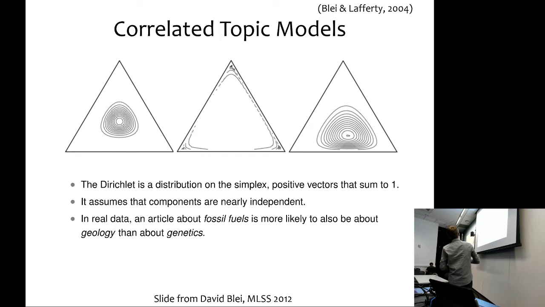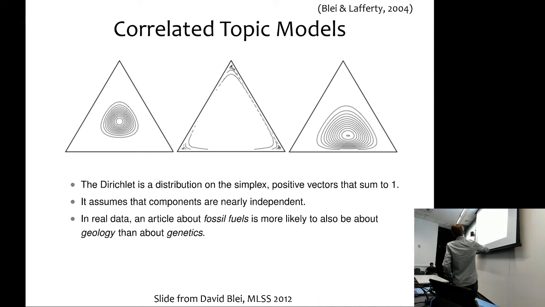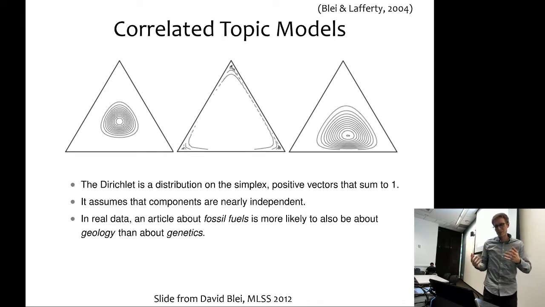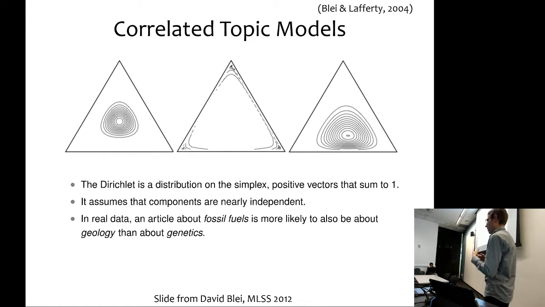And basically it assumes that the components are mostly independent. But if you think about real data, an article talking about fossil fuels is more likely to also be about geology than about genetics. So when you have a distribution over topics that is describing a particular document, certain topics are more likely to correlate than others.